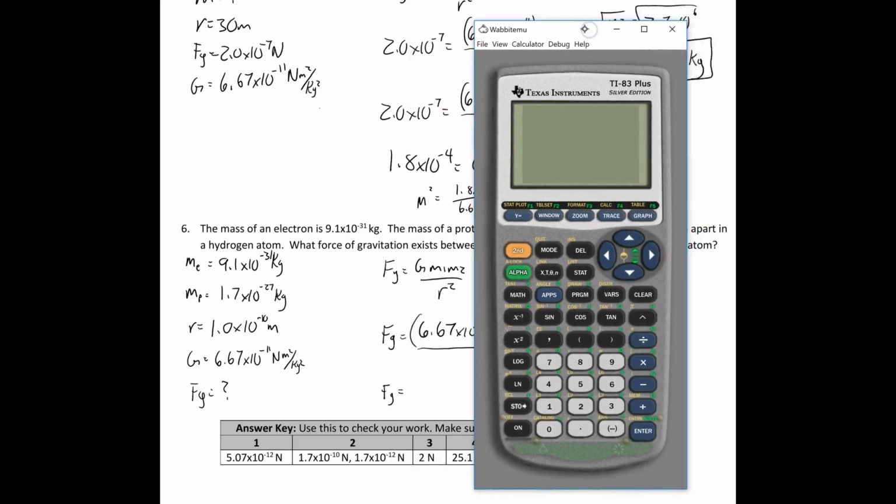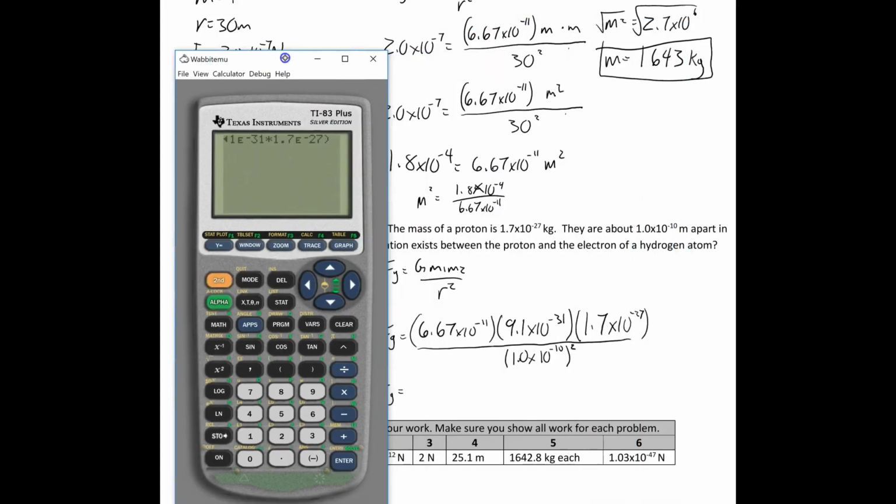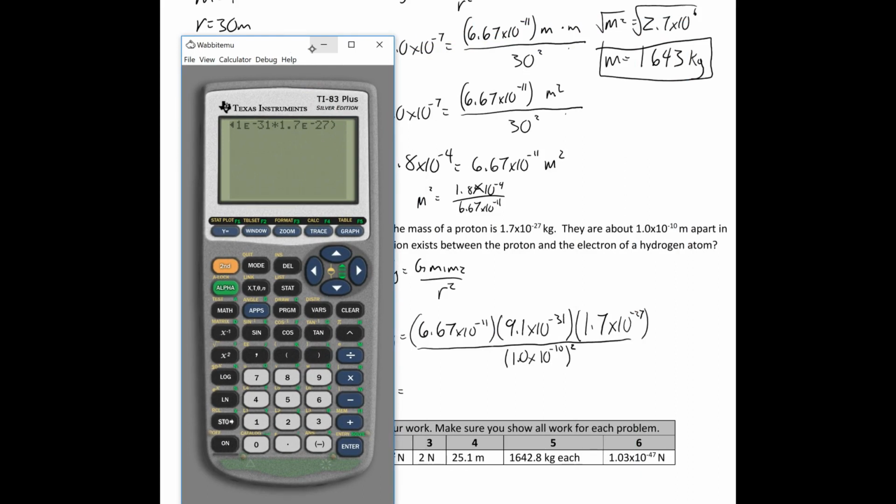First you do the universal gravitation constant, and I open parentheses for the numerator, 6.67 times 10 to the, that is the E button, -11, times 9.1 E -31 times 1.7 E -27, end parentheses, that's the end of the numerator, as you can see, divided by open parentheses.